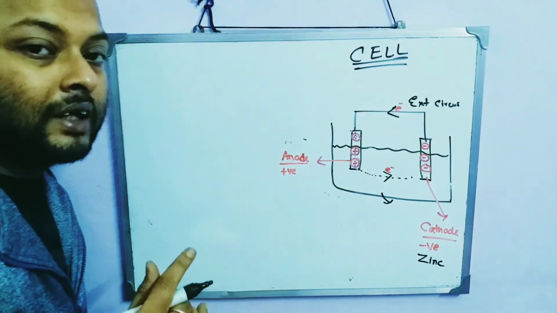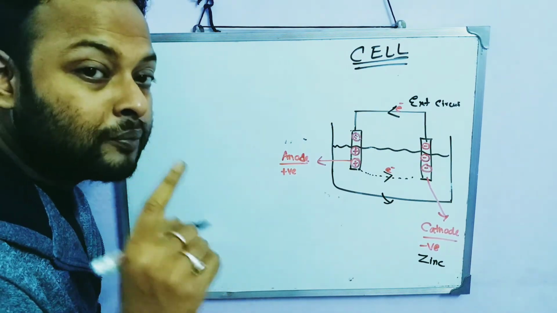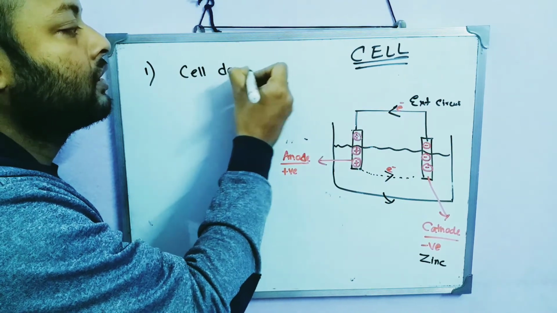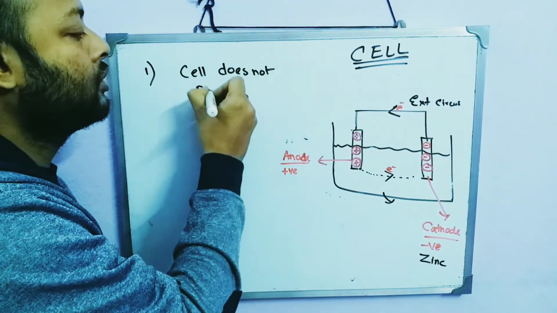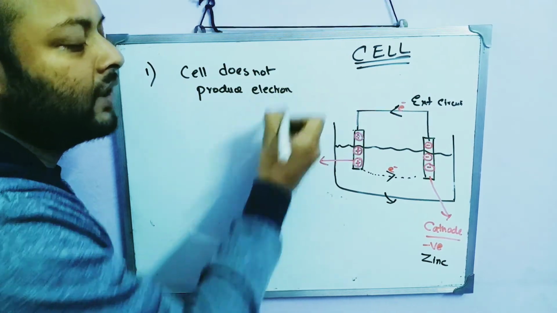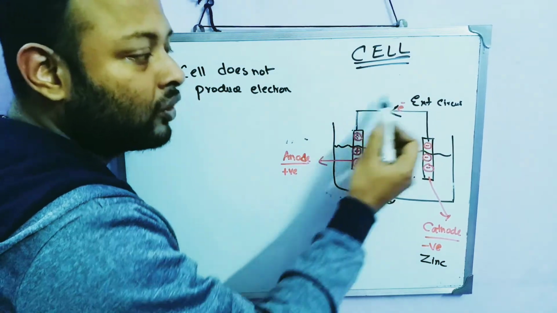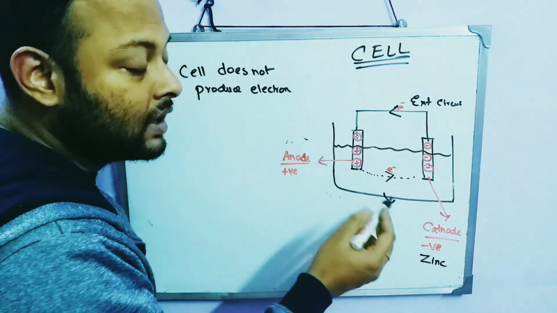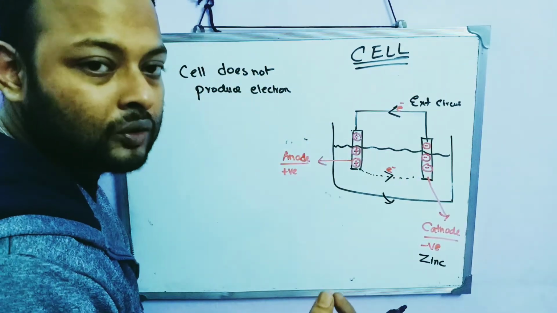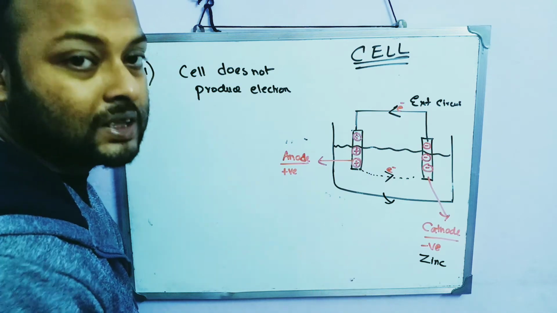Now, the basic thing that you have to understand is that a cell does not produce electrons. It is just making the electrons flow, because the electrons are already present inside the electrolytes. And obviously electrons cannot be produced because charge is neither created nor destroyed.